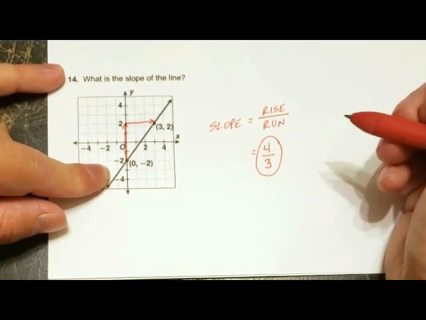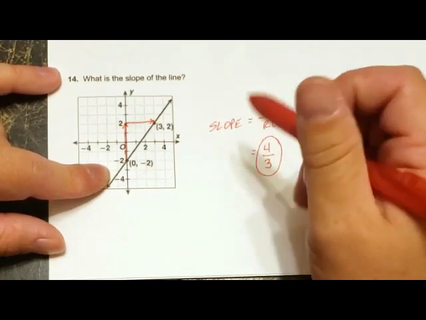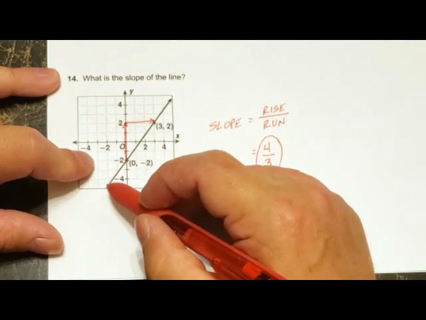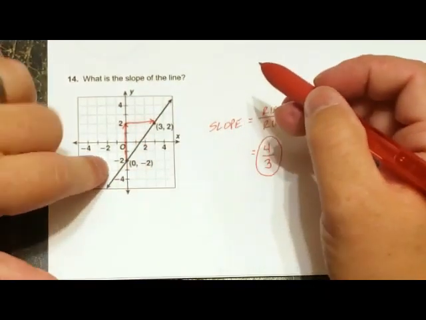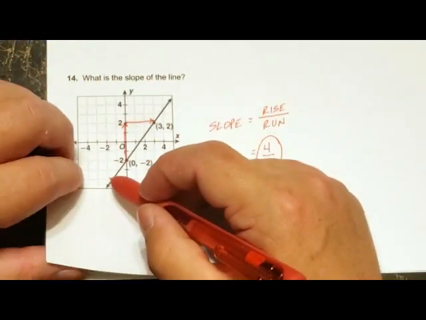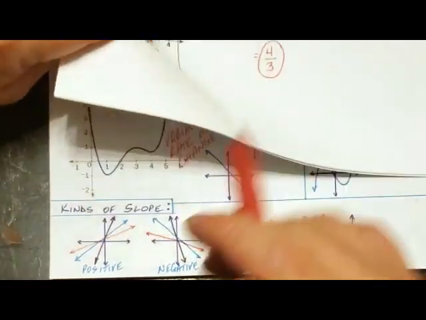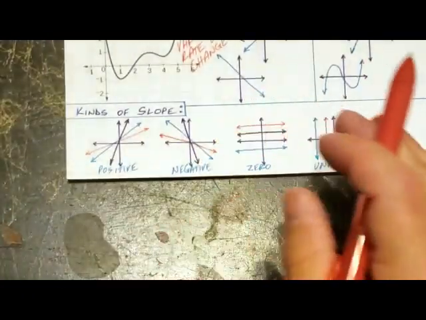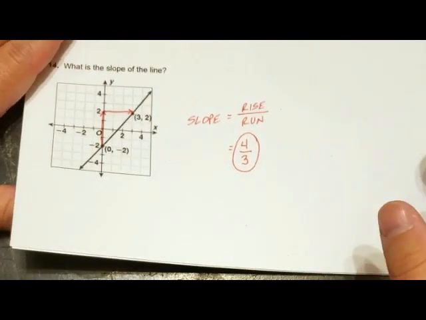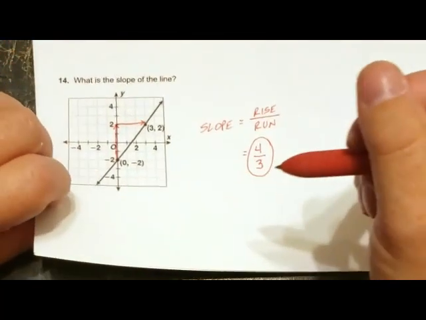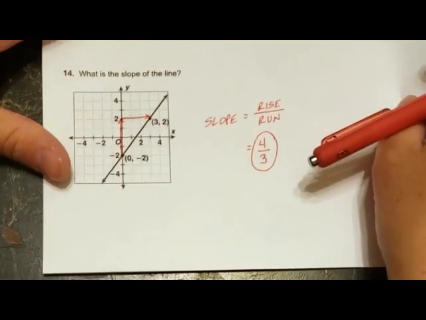It is okay to have an improper fraction for a slope. All right, also, before we even started to find that, did this line have a positive slope or a negative slope? Well, it goes up left to right. So as we showed just a minute ago, that should be a positive slope. And did we wind up with a positive answer? Yes. Even if we did this backwards, we would still wind up with a positive slope.